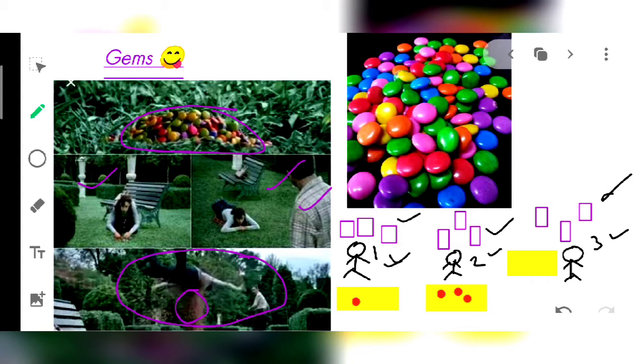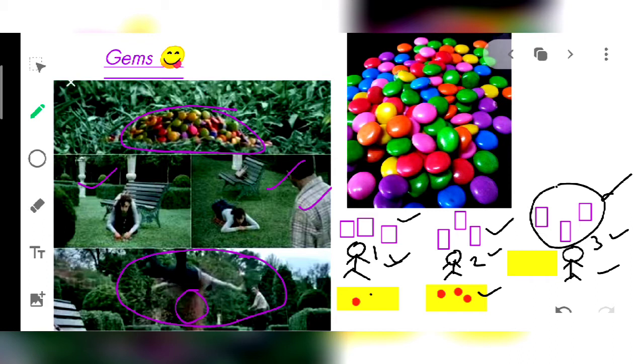The first person finds 1 red colored Gems candy from the set of 3 Gems packets, and the second person finds 3 red candies from the set of 3 Gems packets. And the third person does not find any red colored Gems candies from his given Gems candy packets.